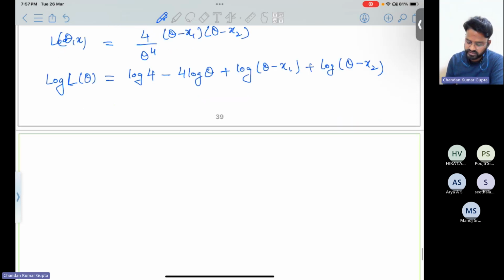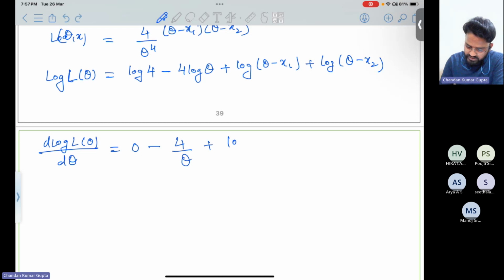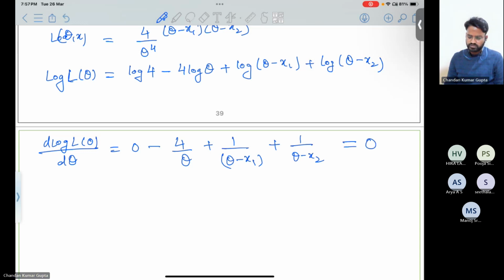This is our log likelihood function. Differentiating it with respect to theta, we get 0 minus 4 upon theta plus 1 upon theta minus x1 plus 1 upon theta minus x2, and equate it to 0.